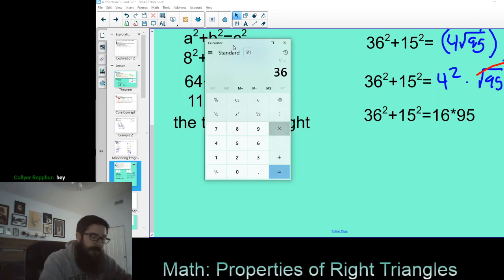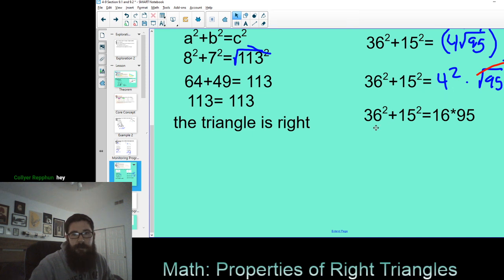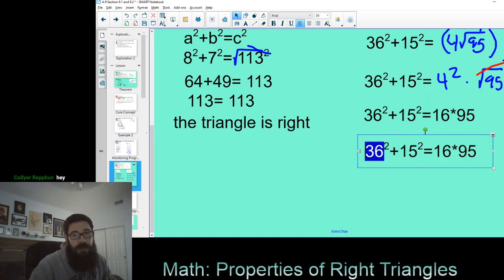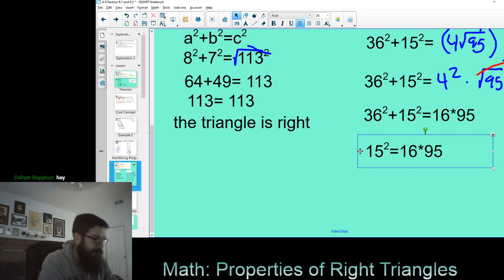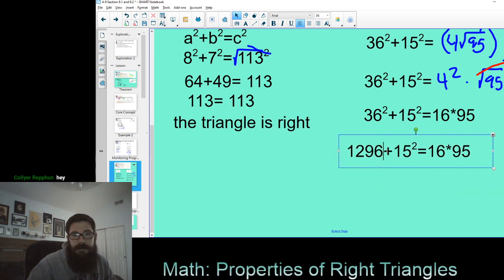36 squared, I don't know that one offhand. Oh, of course it's 1296. So, what's 15 squared? That one I do know. So we're going to have 1296 plus 15 squared, which ends up being 225.